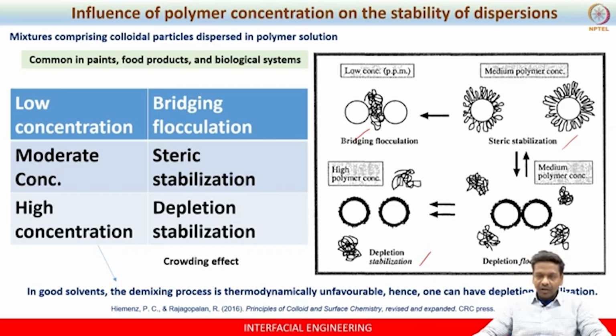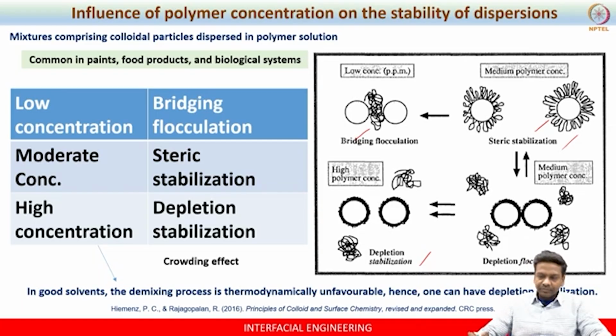This happens because there is no sufficient number of polymer chains to cover the entire surface, because the polymer molecules adsorb on the surface partially, not fully, so they will lead to bridging flocculation, right? On the other hand, when you have a sufficient number of molecules to cover the entire surface, you expect steric stabilization to occur.